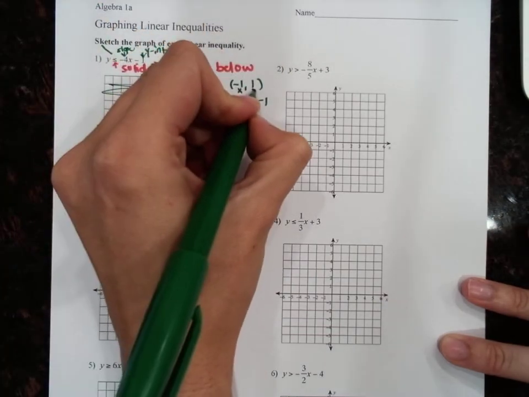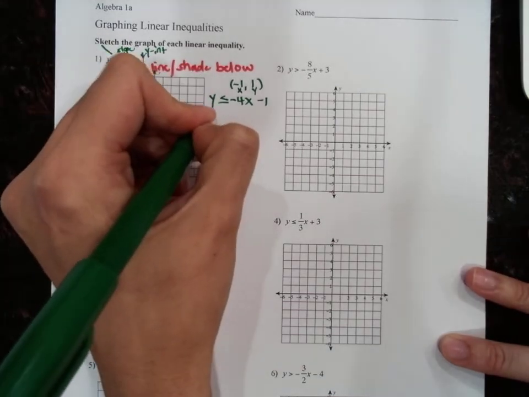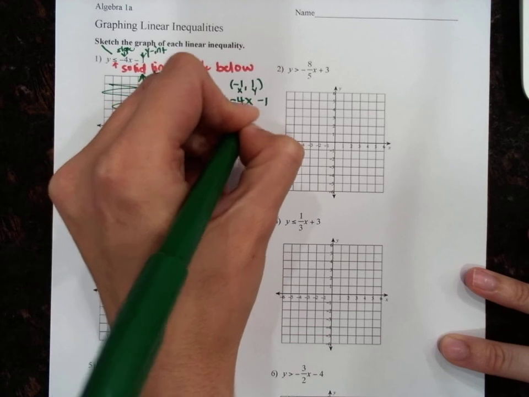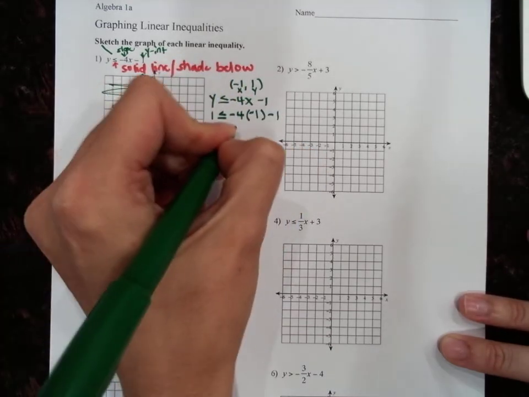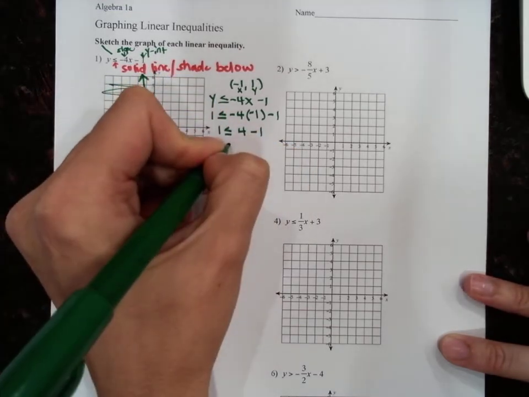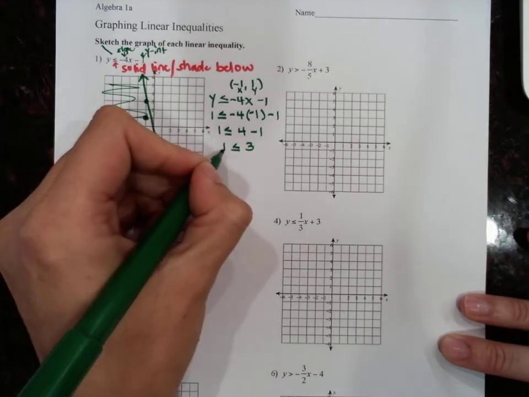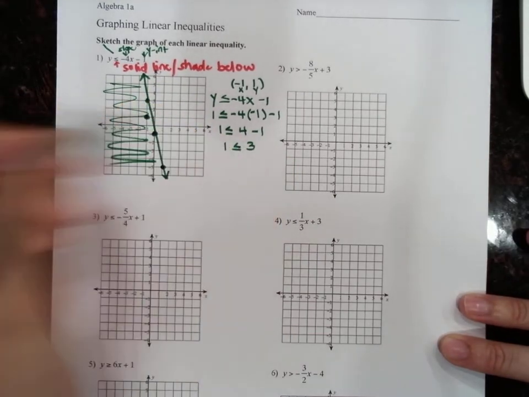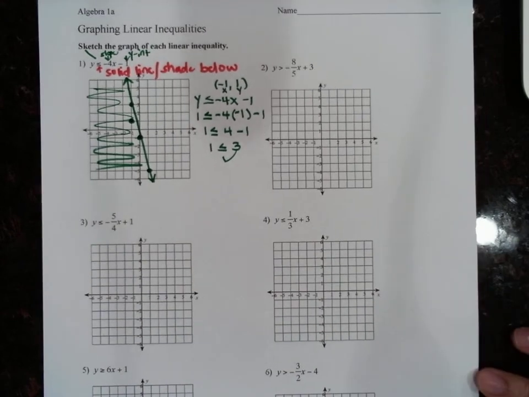So -1 is my x, and 1 is my y. Is 1 less than or equal to -4 times -1 minus 1? -4 times -1 is +4, and 4 minus 1 is 3. Yes, 1 is less than 3, so that is correct, and I know I graphed and shaded correctly.